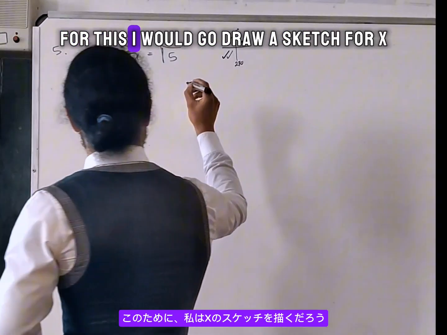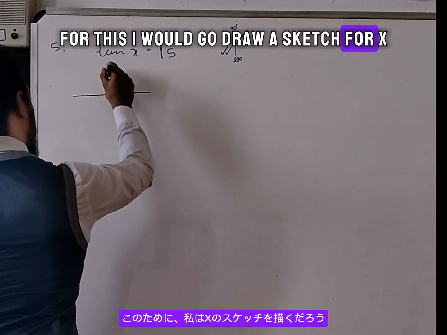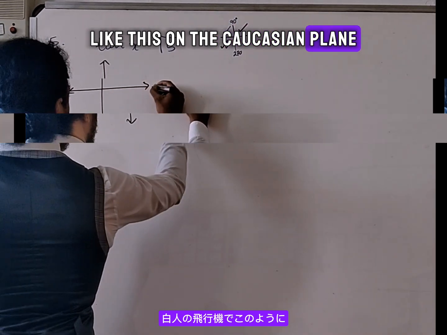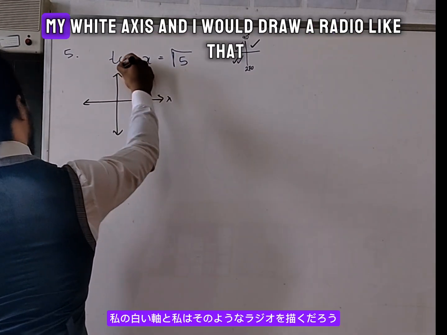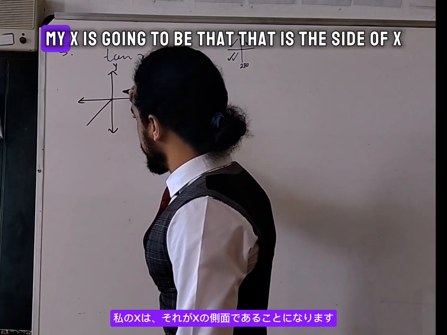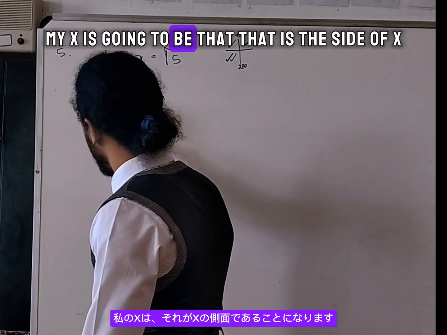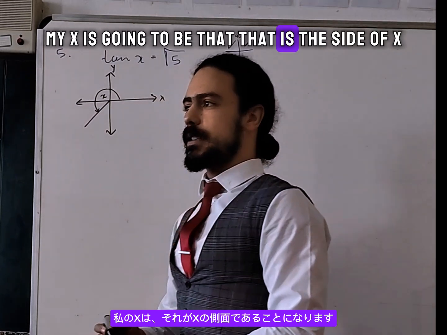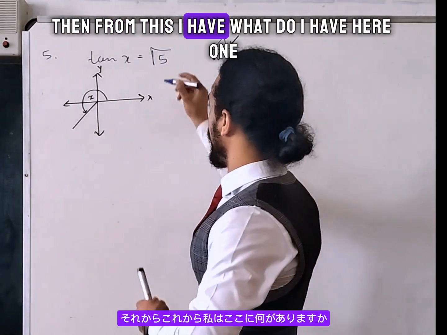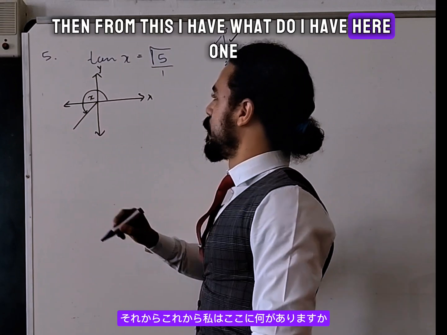For this, I would draw a sketch for x on the Cartesian plane. This is my x-axis, my y-axis, and I would draw a radial like that. That is the side of x. Then from this, what do I have here? 1.